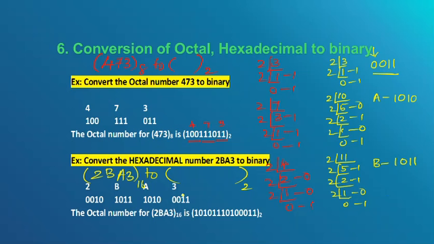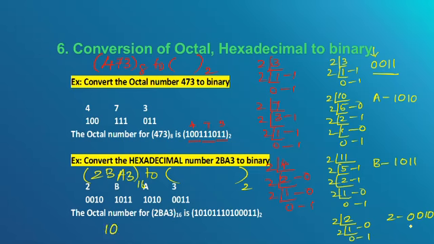Similarly for 2, 2 1s are 0, and 2 0s are 1. So 2 is represented as 0 1 0. You have only 3 bits, so the 4th bit is going to be 0. So your final answer for 2 is 0 0 1 0.